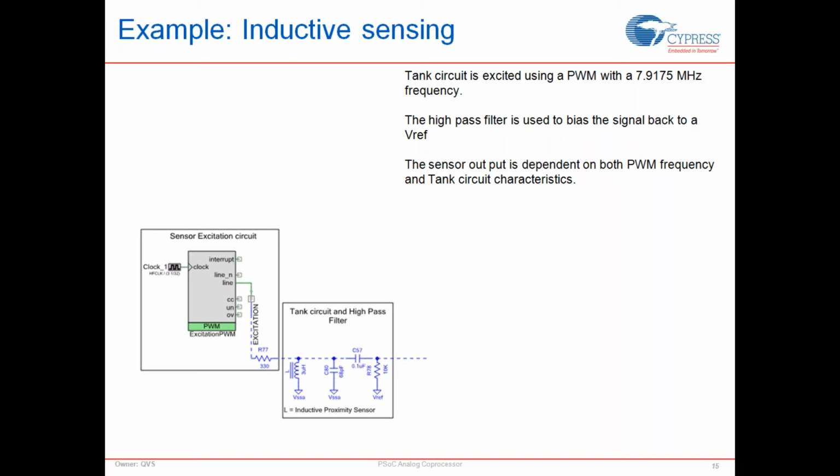The reason I do this is I want an average frequency of 7.9175 megahertz. And the reason I need this is because later I'm going to mix this signal with an 8 megahertz signal, effectively giving me an 83 kilohertz signal.